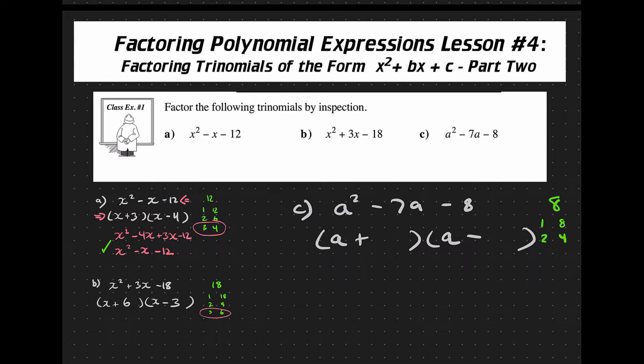That's it. And they're going to subtract to give us 7. And the larger of the two should be negative. So that would be the 1 and the 8. And I'll take the 8, put it with the negative, and the 1 goes with the positive. Okay, so that's those three in example 1.